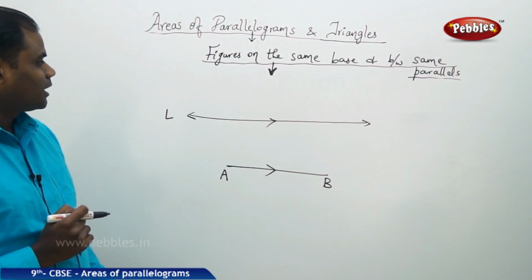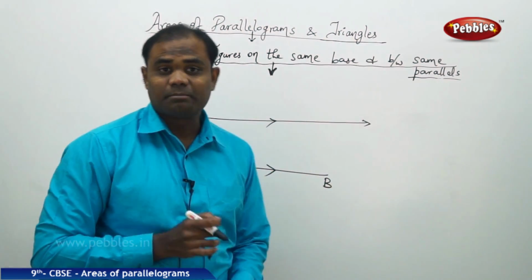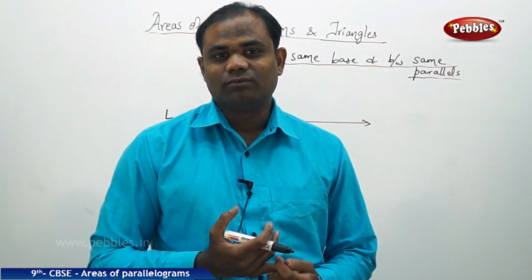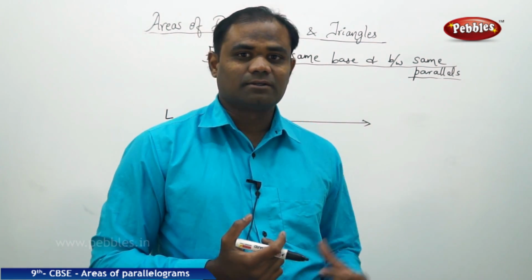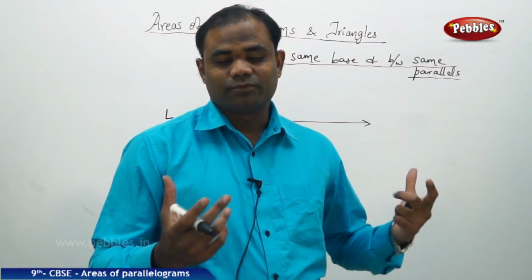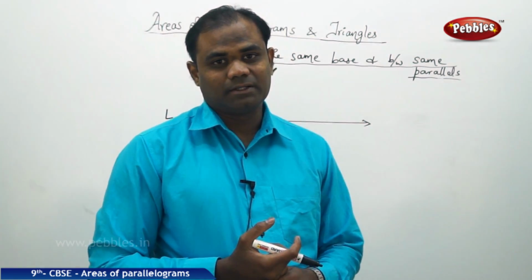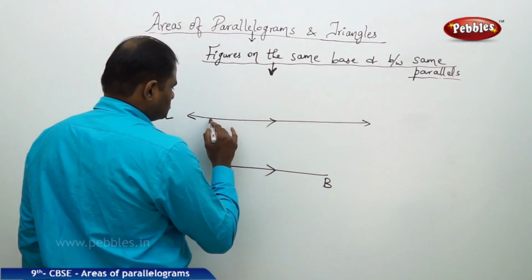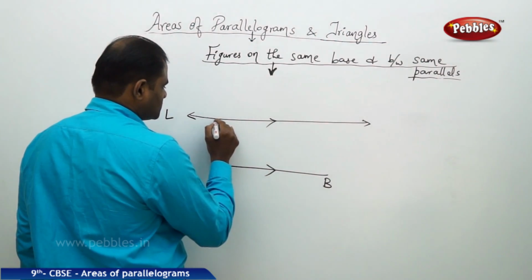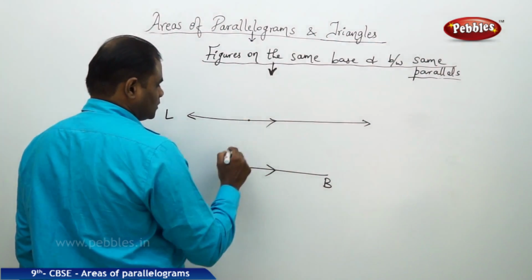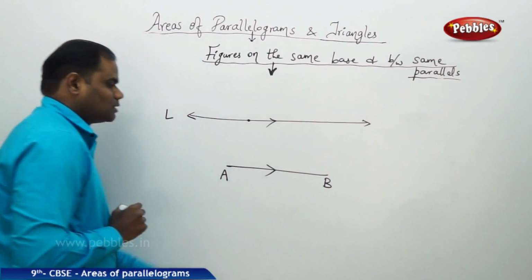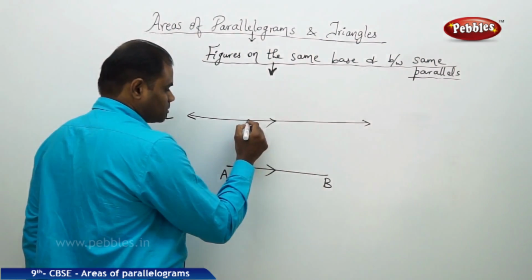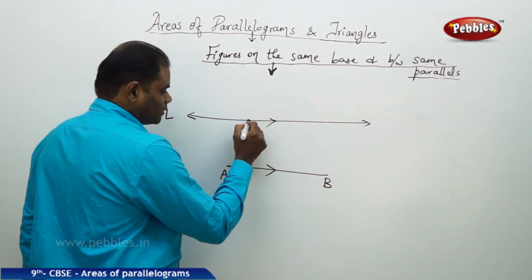Now it says that any figure you take on the same base and between same parallels will have certain geometrical properties. So let's see what the geometrical properties connected with two figures on the same base and between same parallels are. For example, let me take a triangle. Suppose I draw a triangle with the base AB.